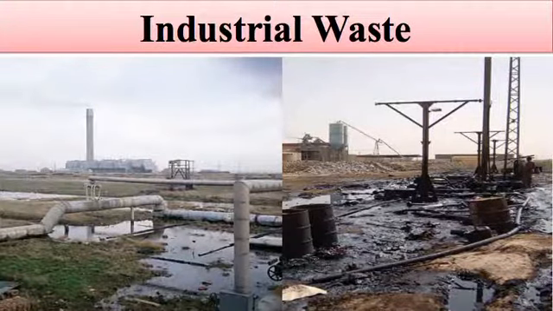So, the next type of soil pollution, which is due to the industrial waste, is the waste produced by industrial activity, which includes any material that is rendered useless during the manufacturing process, such as that of factories, industries, mills and mining operations.